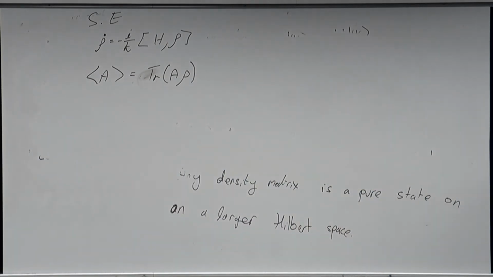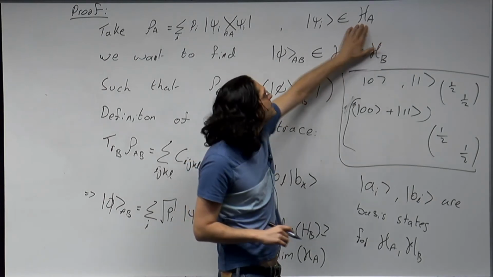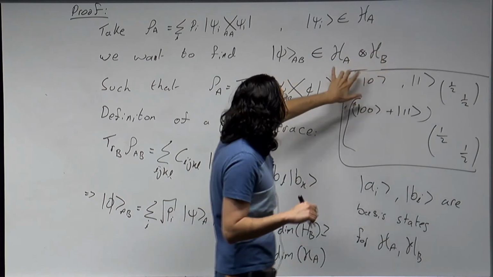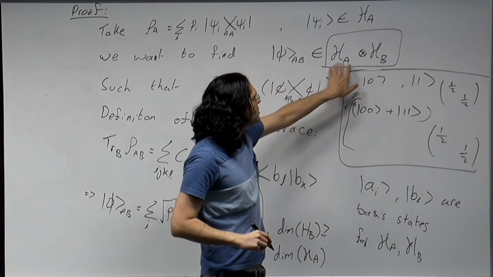Okay. So who was that who asked? Amot. Hi, Amot. So the idea of the purification is, remember, you have your density matrix, you have your small Hilbert space H_A. Okay? What the purification says is that you will always be able to find a larger Hilbert space, which is decomposed.